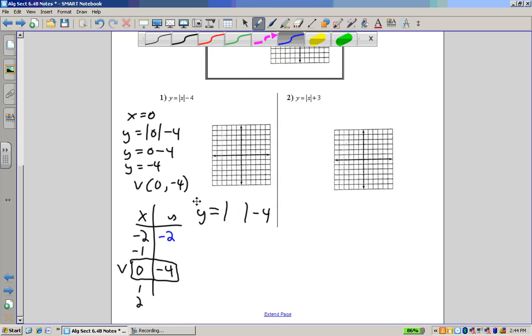Now let's plug in the negative 1. Y equals, now negative 1 is 1 unit away from 0 on the number line, so the absolute value of negative 1 is 1. Y equals 1 minus 4 is negative 3.